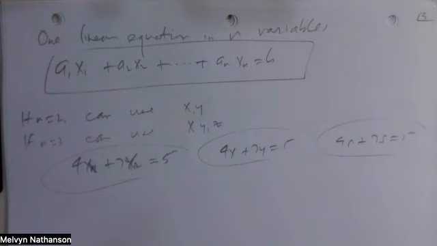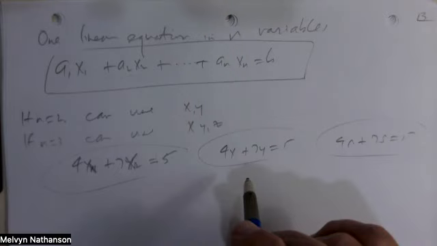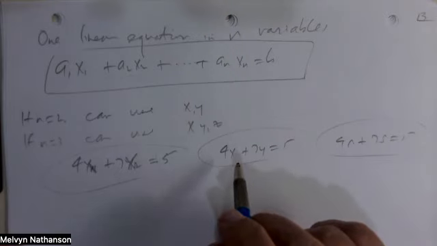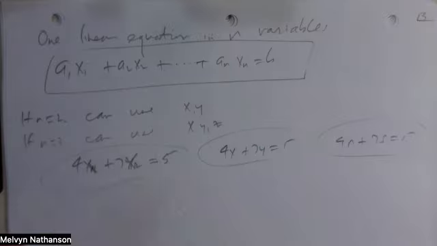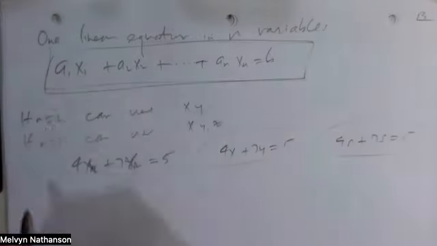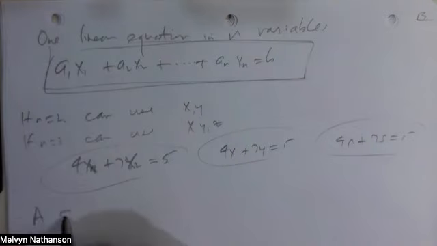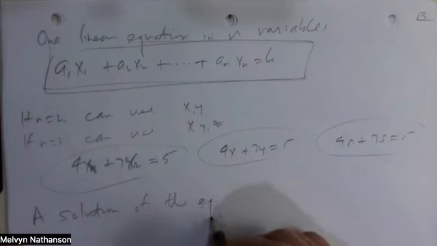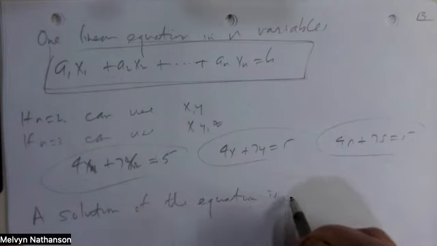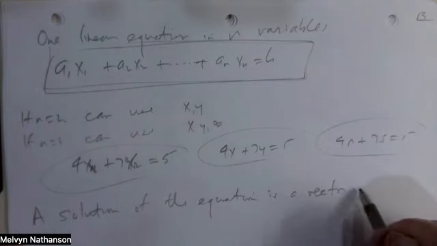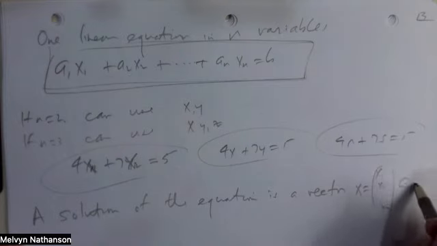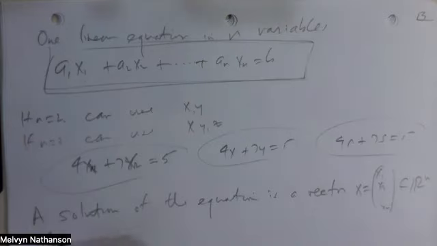So, for example, all right, here we have a linear equation, and we say that a solution of the equation is a vector x with coordinates x1 up to xn in Rn that satisfies the equation.